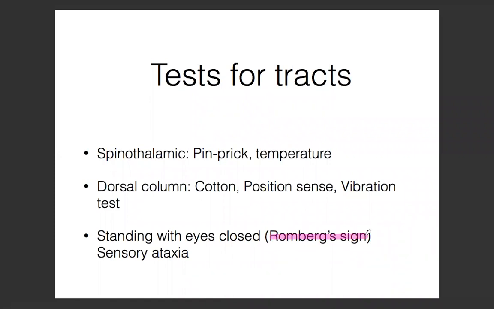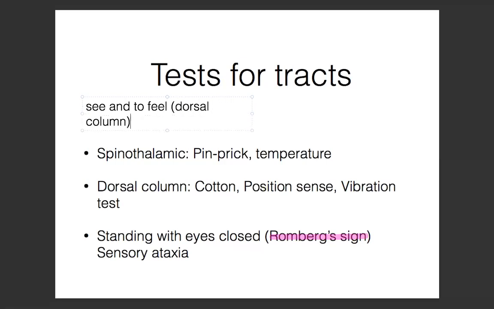Your dorsal column is responsible to some extent for your position sense, so it's able to tell if you're standing or not. If the dorsal column is damaged, you can still maintain your balance. Why? Because you can see. For a body to stand, it needs two things.